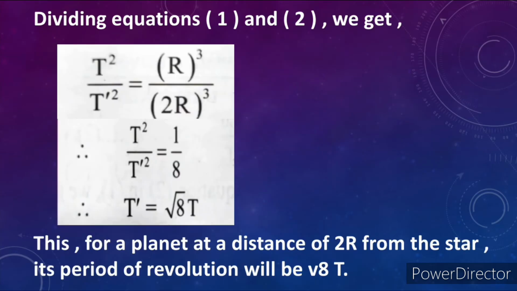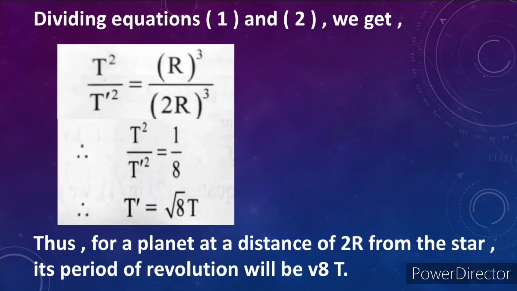Dividing equation 1 by 2, we get T²/T'² = r³/(2r)³, and therefore T²/T'² = 1/8. Then after taking square roots on both sides, we get T/T' = 1/√8, and then after cross multiplication, we get T' = √8 T.